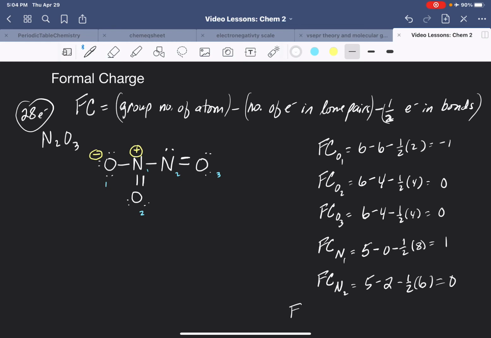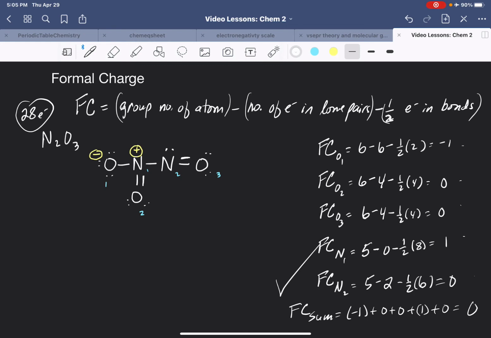And so the sum of the formal charges, you literally just count each one of those and add them up. So that's -1 plus 0 plus 0 plus 1 plus 0 equals 0. Check.